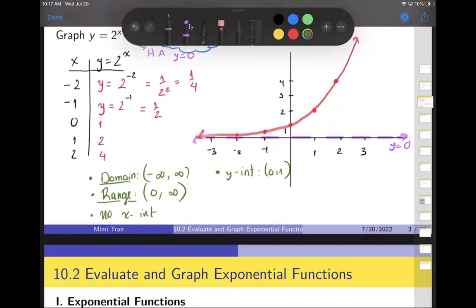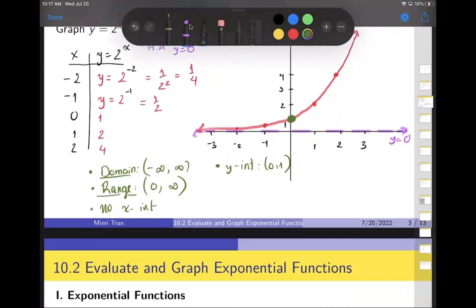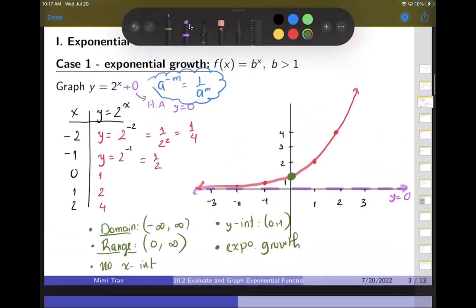Let me make it big because we need to remember that point. And then we call it exponential growth. So exponential growth is the exponential graph b to the x where b is bigger than 1. That's it. And it has that look.